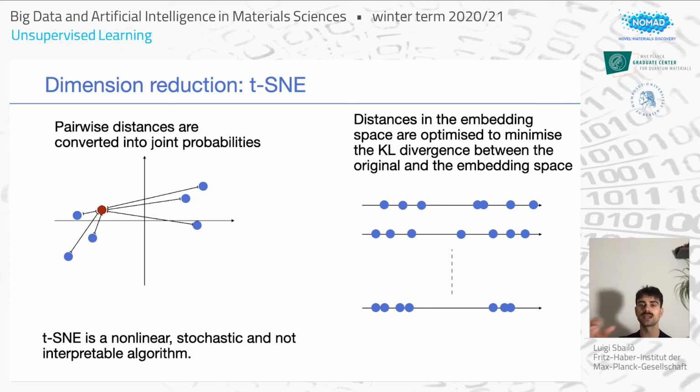t-SNE would first make a random projection of these points into an embedding space, and then in the embedding space recompute all pairwise distances and likelihoods. It would then try to optimize, with a stochastic process, all the relative distances in the embedding space, such that the KL divergence of the joint probabilities in the original and the embedding space is minimized.